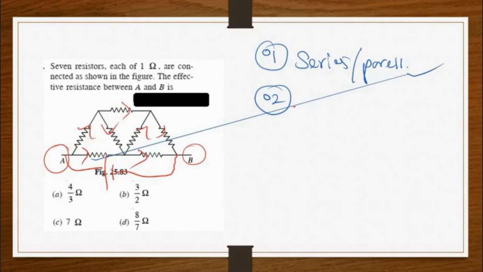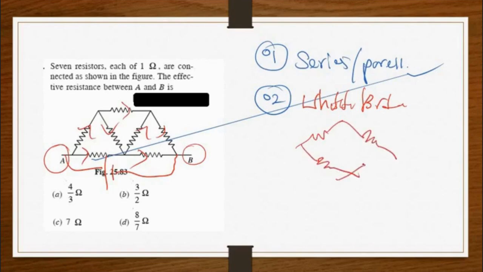Let's work on the second option, which is to find whether there's a Wheatstone bridge. Wheatstone bridge, of course you know, if there are parallel resistors like this, and of course current has to flow in this direction, there will be no current flow through this particular resistor if the ratios of resistances are equal, right?